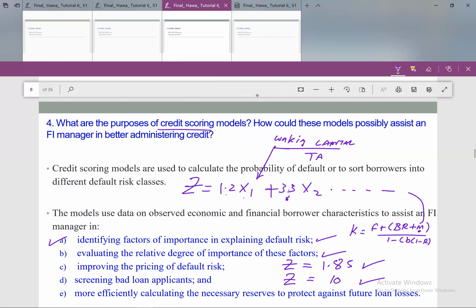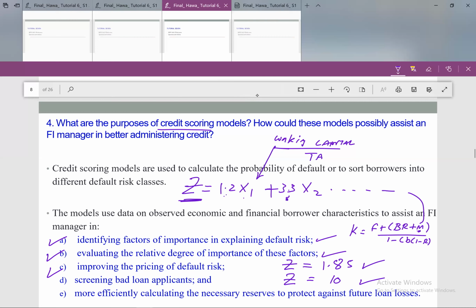It helps me identify the factors, x1, x2, define the coefficients, and give me the Z value, which lets me evaluate and then adjust the M, which is the premium.